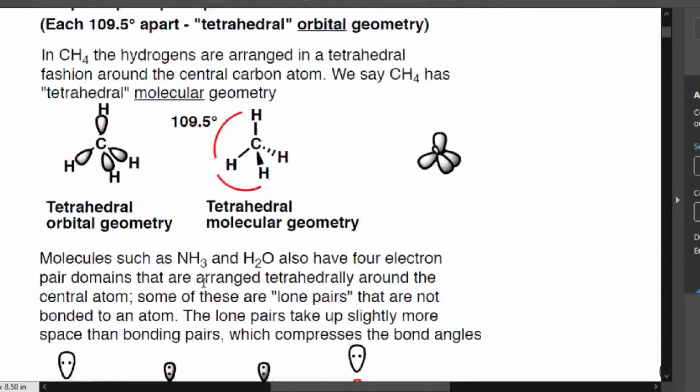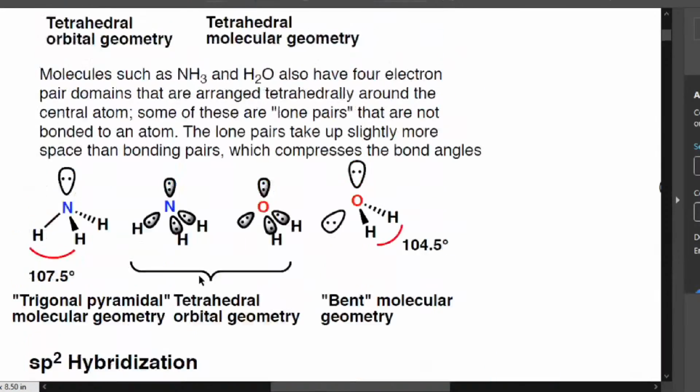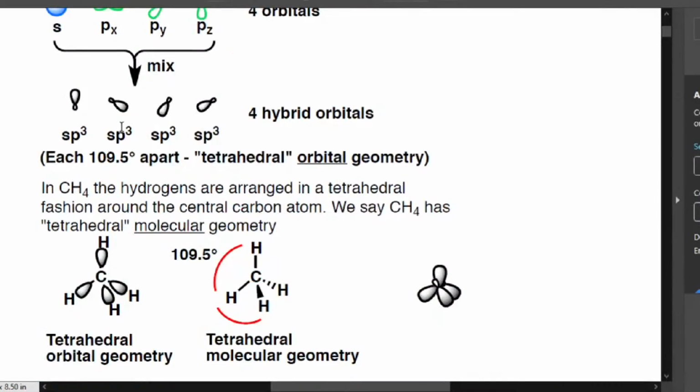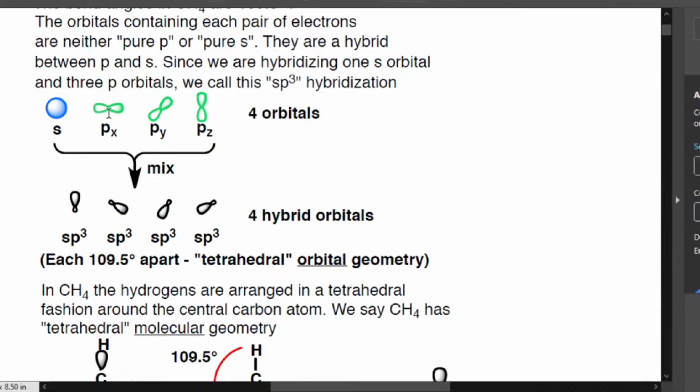But here in sp2 what happens? In sp2 only px and py participate, pz doesn't participate. Now px and py are in the xy plane, and s anyway doesn't have any direction.